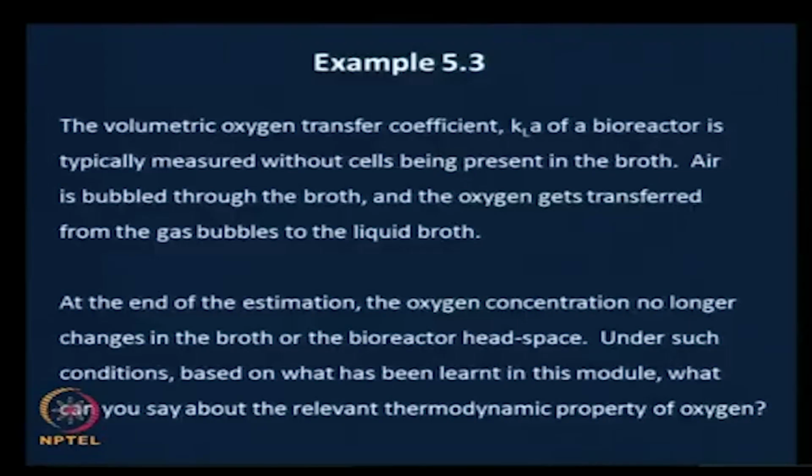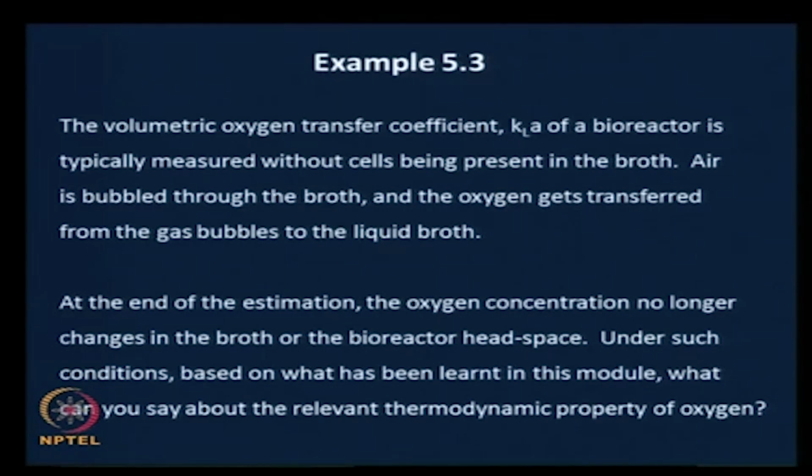Example 5.3 reads as: the volumetric oxygen transfer coefficient KLa of a bioreactor is typically measured without cells being present in the broth. Air is bubbled through the broth and the oxygen gets transferred from the gas bubbles to the liquid broth.